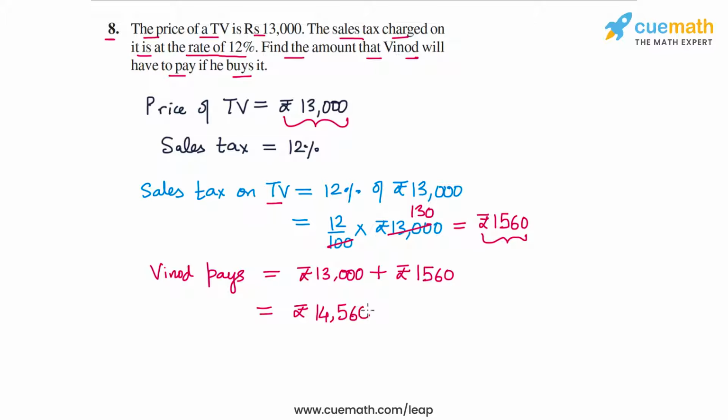So the answer to question number 8 is that Vinod will have to pay rupees 14,560. And the way we got the answer was we calculated the sales tax amount, rupees 1,560, and added it to the price of the TV, which was rupees 13,000.